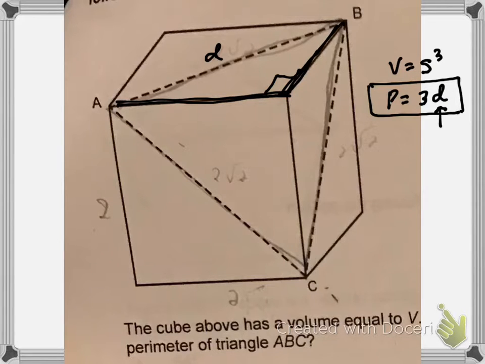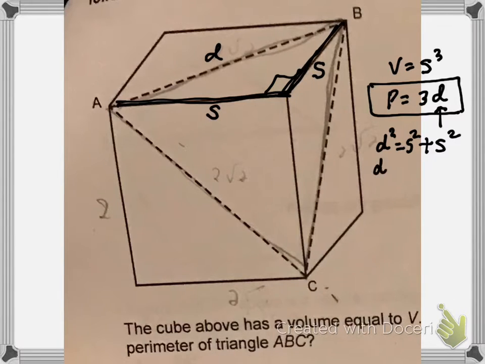and it's a right triangle, I know, and I know that this is S and S because it's a cube. So using the Pythagorean theorem, I will find D, and it will be D squared equals S squared plus S squared, right?